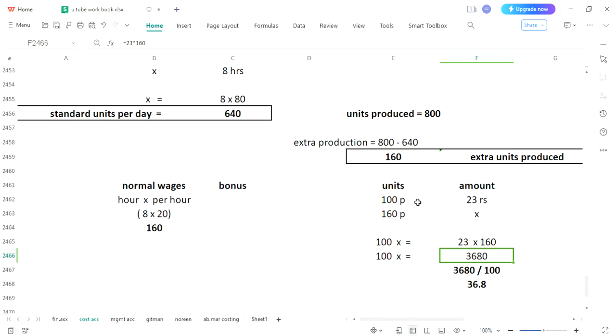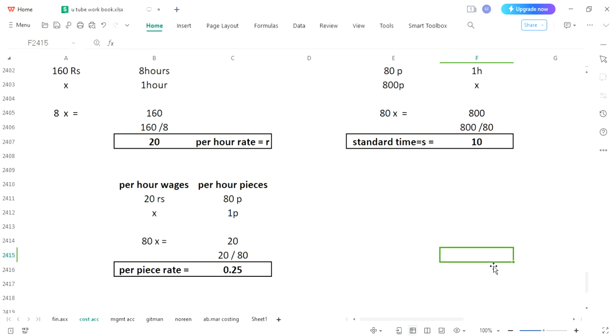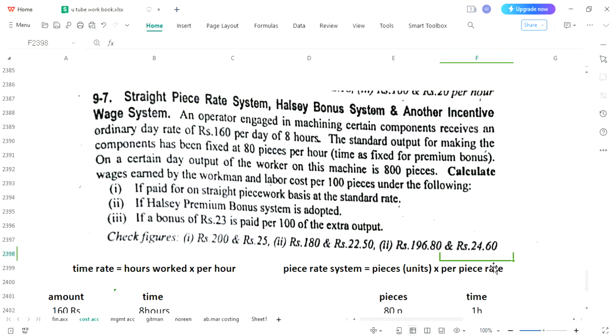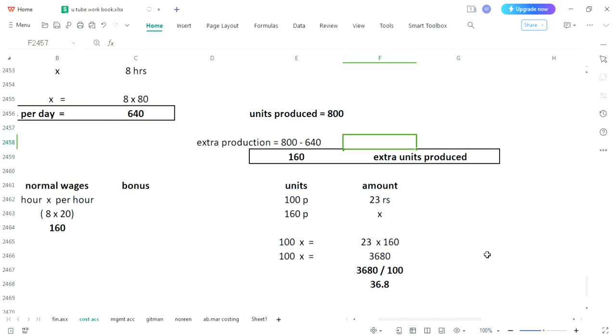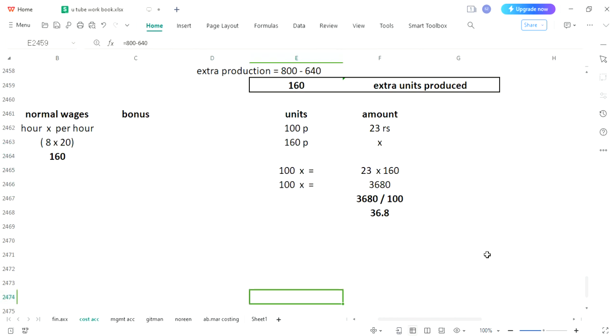For 100 pieces, 23 multiplied by 160, 3680, and 36 point. There is something not getting right. 24.6 should be the answer, and we have 36.8. So we need to see where something is going wrong.